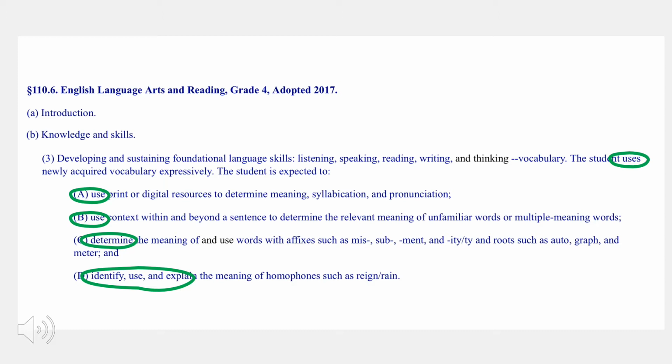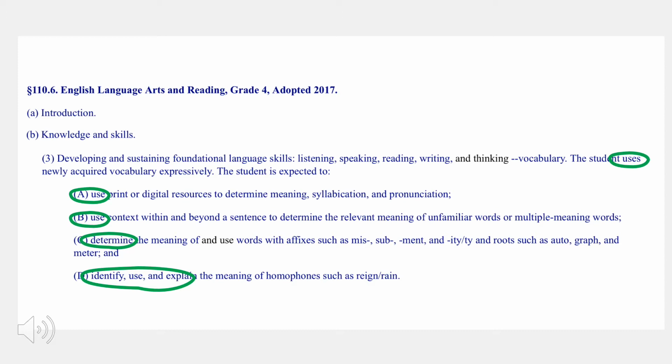That's what students are going to do, and I'm going to underline it again with pink. Now jumping to C. It says determine the meaning of and use words with affixes such as, and gives us an example. The concept for this one, again underlining in pink, is the meaning of and use of words with affixes. So that's the concept. Then it gives us the details, right?